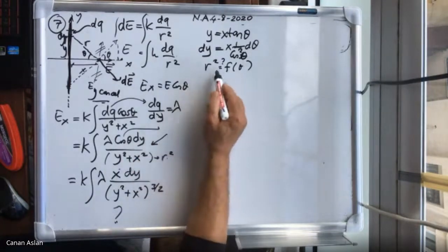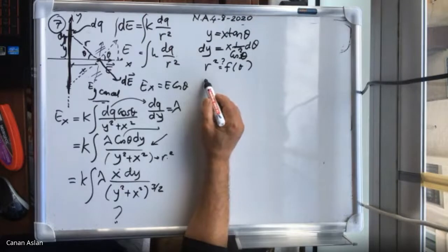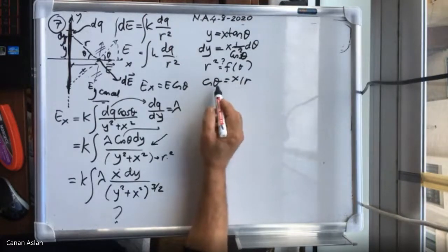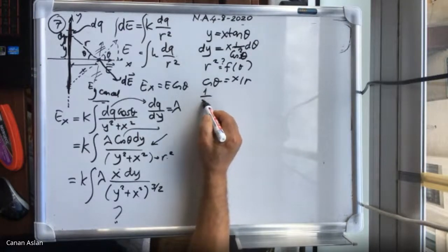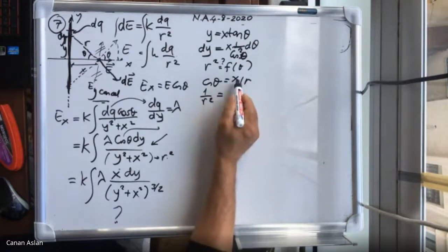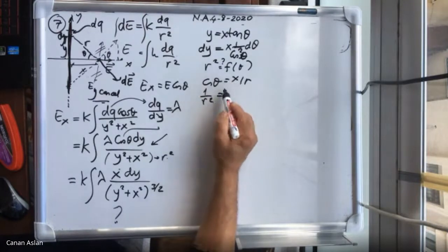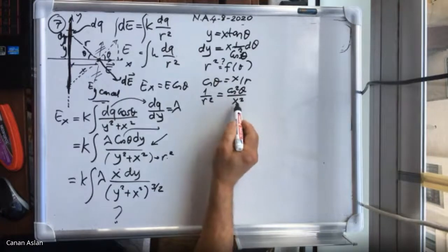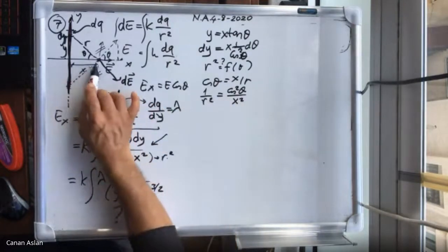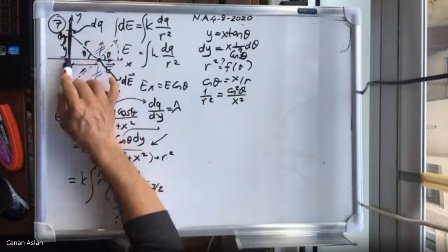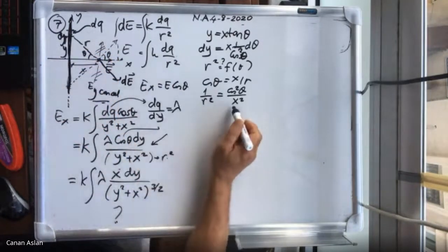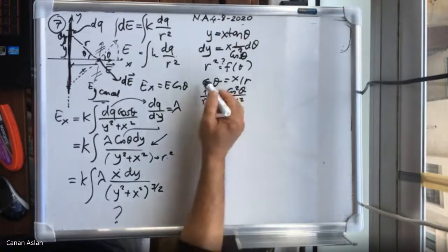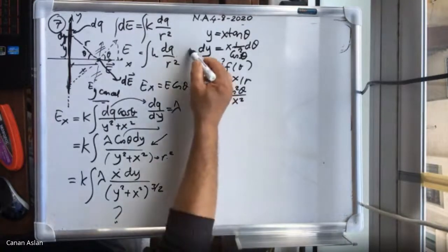Now, first of all, cosine theta is equal to x over r, so 1 over r square will be equal to cosine square theta divided by x square. Now, since x is constant in this integration, because x is not changing when you go up and down, x is always constant. It's nice because now everything is changed into theta by using this expression and this expression.